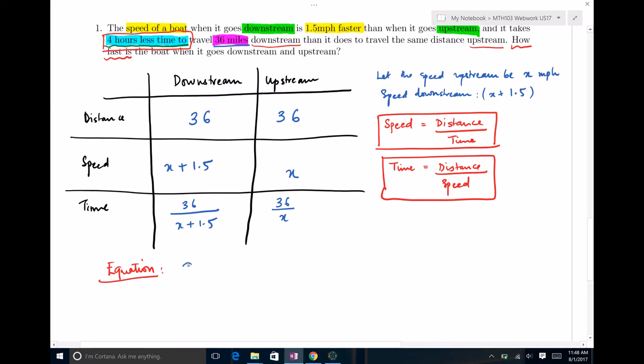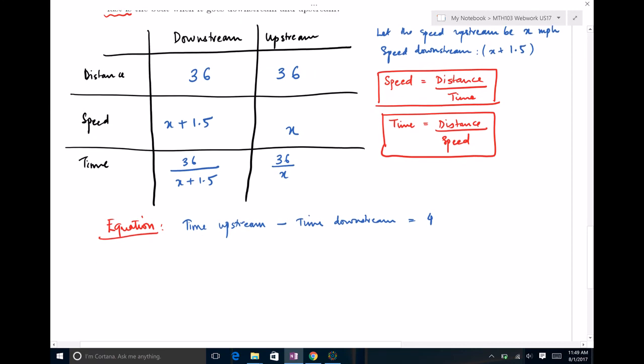So if I look at the time that it takes to go upstream, and subtract the time that the boat takes to go downstream, I should be able to get 4 hours. The time taken to go upstream is 36 over x, and the time taken to go downstream is 36 over x plus 1.5, and that is equal to 4.